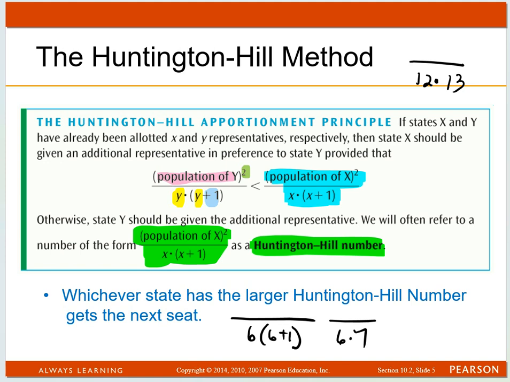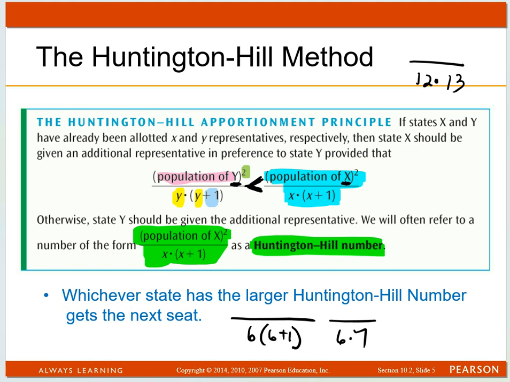And they put a less than sign here. If the first one is less than the second one, it's the second one that would be given it. Okay, if states X and Y have already been allotted X and Y representatives, respectively, then state X should be given an additional representative in preference to state Y, provided that Y's Huntington Hill number is less than X's Huntington Hill number.